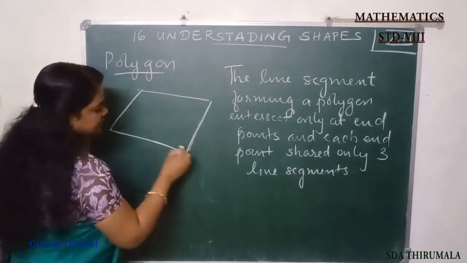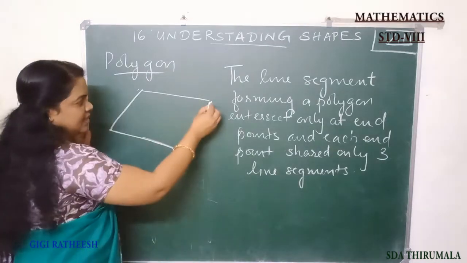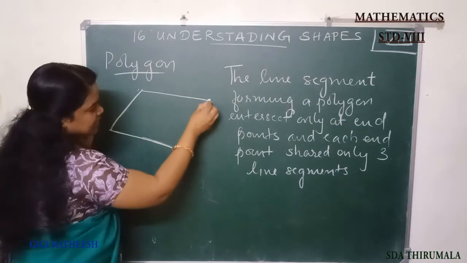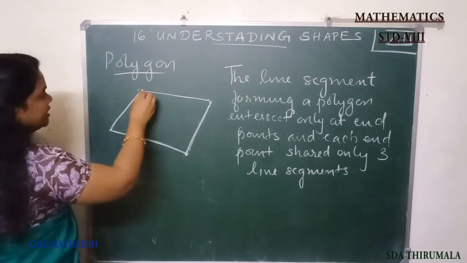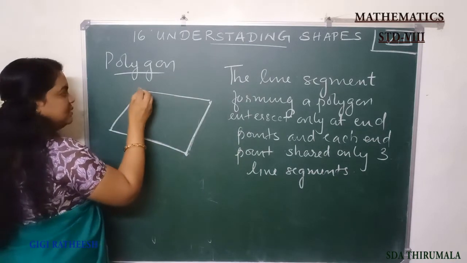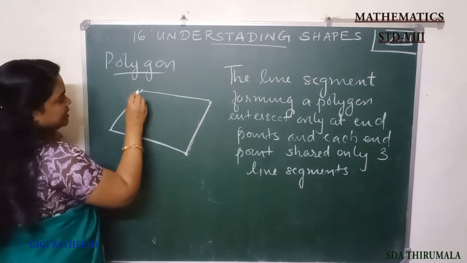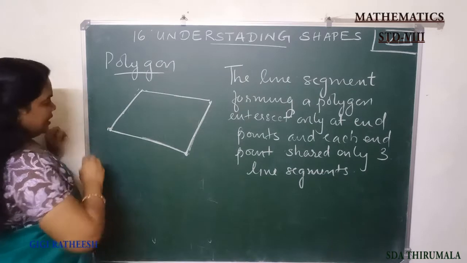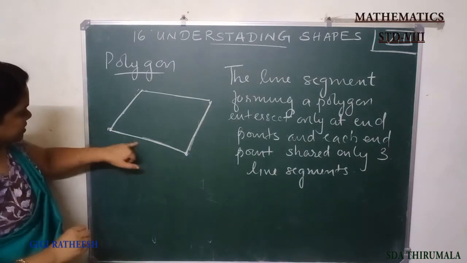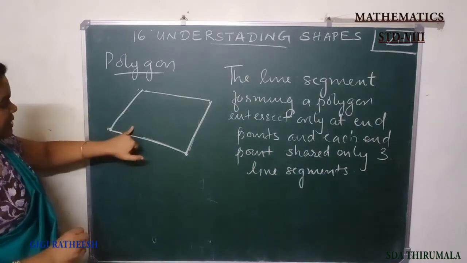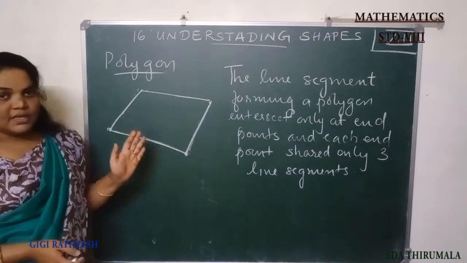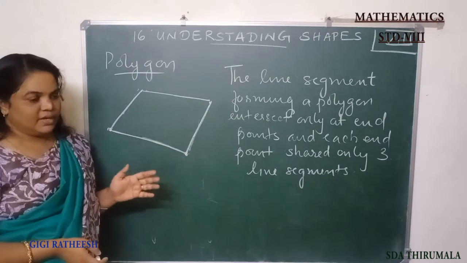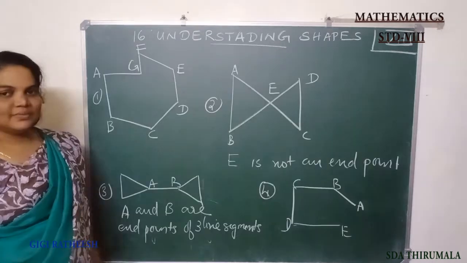That is, this is a line segment, and here is also a line segment, and here is a point where they intersect. Here is a line segment, and here is a line segment, and here also is a point, that is an endpoint. Here there are 2 line segments. Here is also an endpoint, with a line segment here and a line segment here. That is about the polygon, and there are some more points about polygons that we'll discuss.